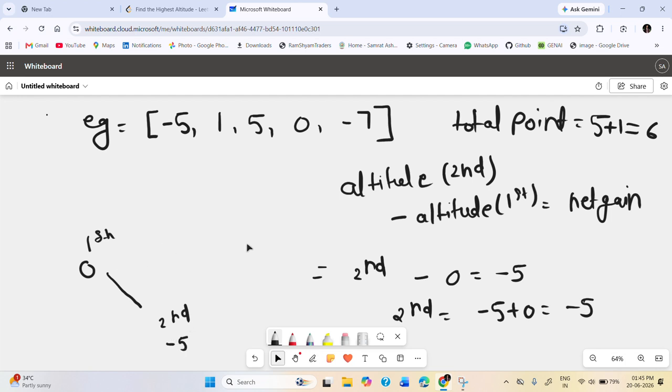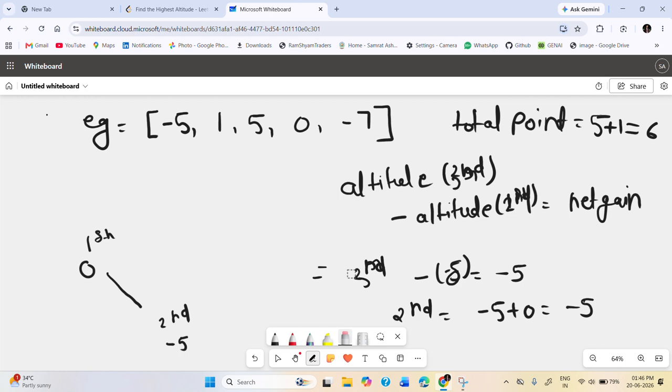And again, when the biker goes from the second point to the third point, the altitude will be the first one. So here it is third, and it is second. We know this value now, so it is minus 5, not 0. And what will be the net gain?